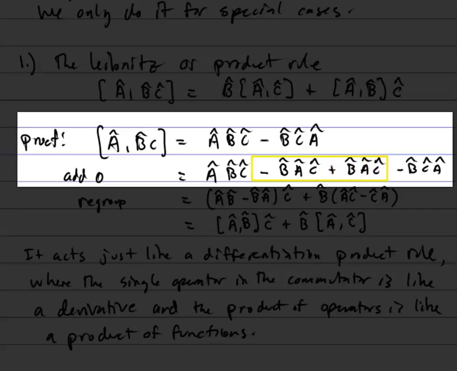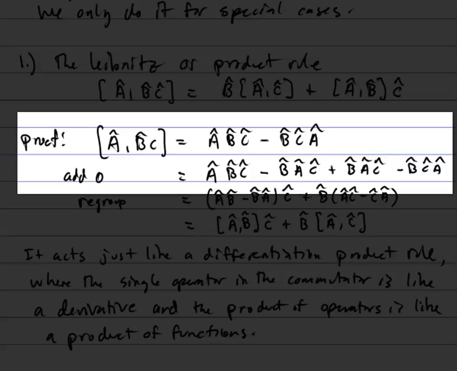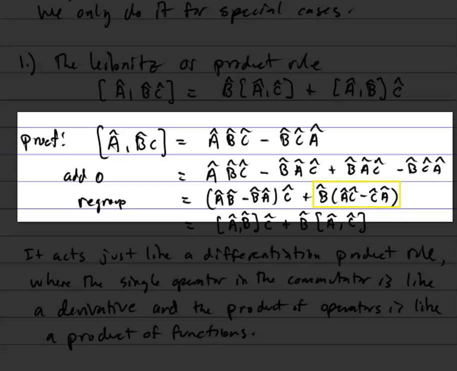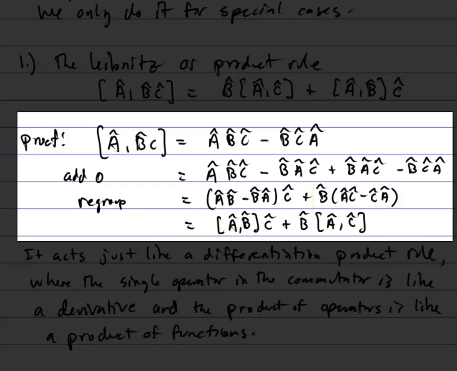You can see that's, of course, zero because I'm adding and subtracting the same product of operators. But by doing that, I can now regroup. And when I regroup, you see I'm going to get AB minus BA times C plus B times AC minus CA. Of course, those are just the commutators. So I get the commutator of A with B times C plus B times the commutator of A with C, and that's it. We've just derived it.